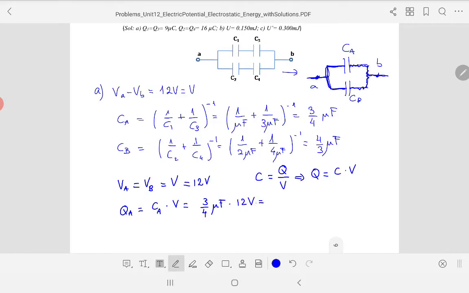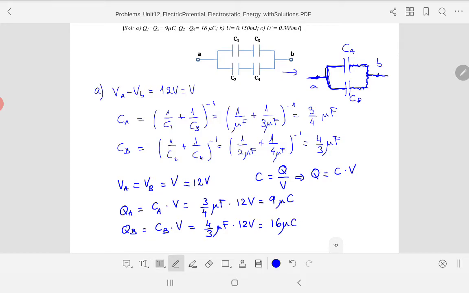This gives you 9 microcoulomb. And the charge in B is equal to the capacitance of B times the potential drop across the plates, which is 4 over 3 microfarad times 12 volts, which is 16 microcoulomb.